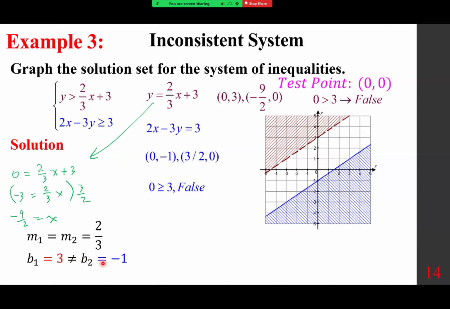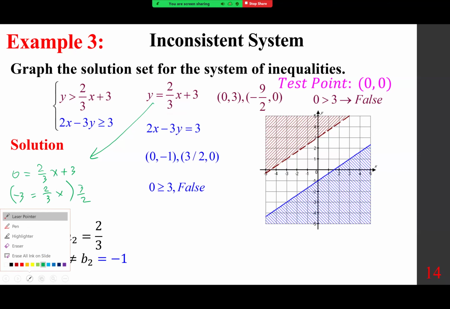The y-intercept is not 3 for this one. So let me quickly show you how this works. I'm going to solve for y because I want to find the slope and the intercept.